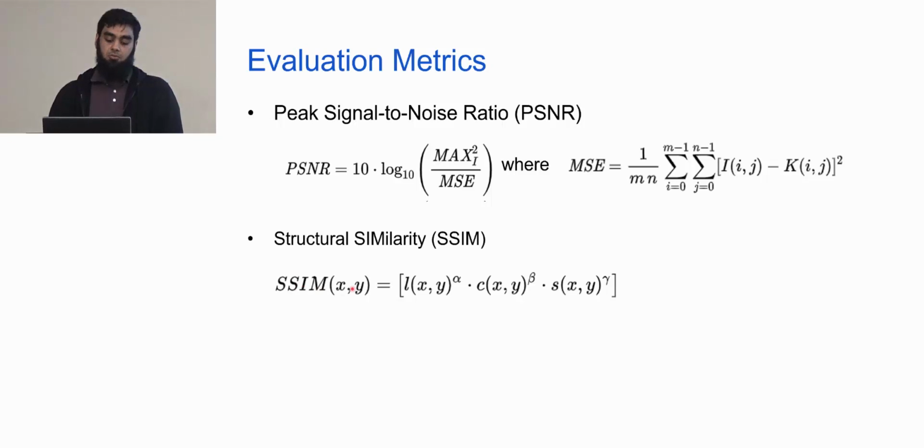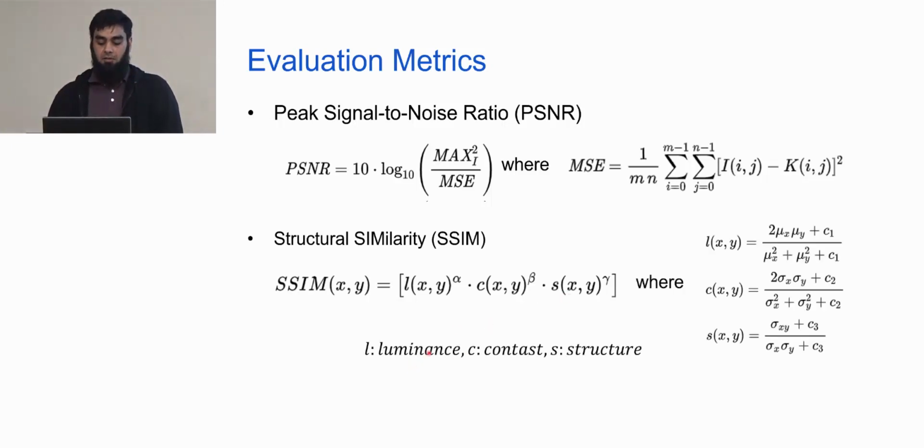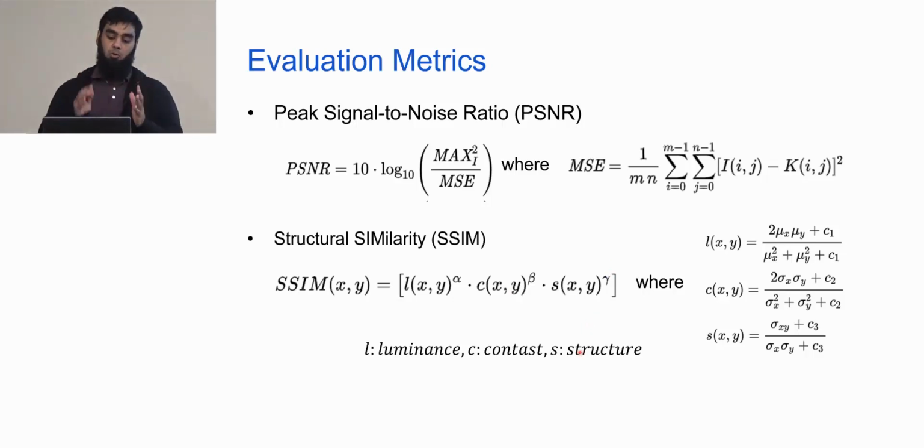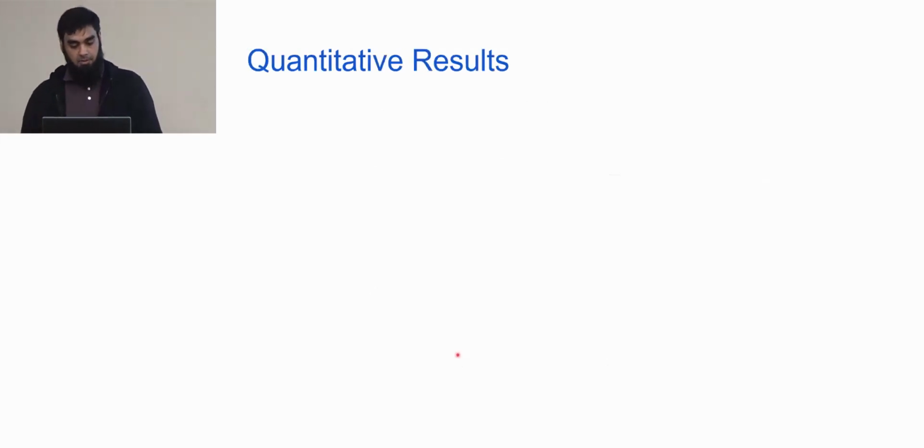Structure similarity takes two images and finds the relationship between L, C, and S in a product form, where L, C, and S represent the luminance, contrast, as well as the structure. So it's sort of demonstrating how close X and Y are in terms of luminance, contrast, and structure. So it's not just one value, they're considering all three of these properties.